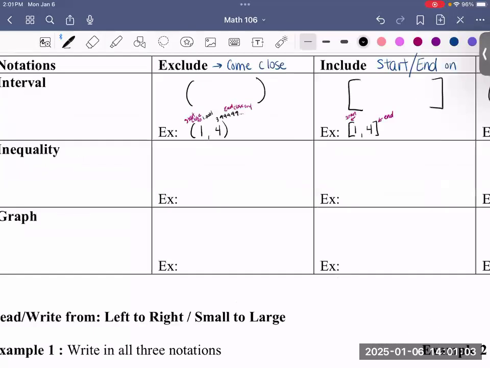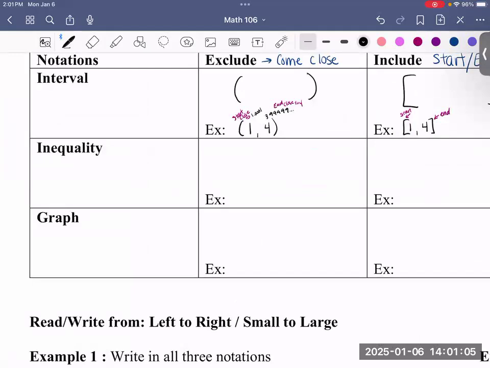Inequality is the one where we talk about greater than and less than.